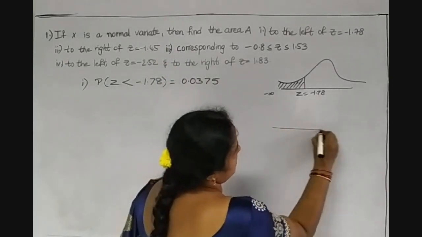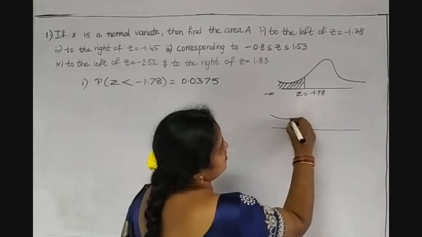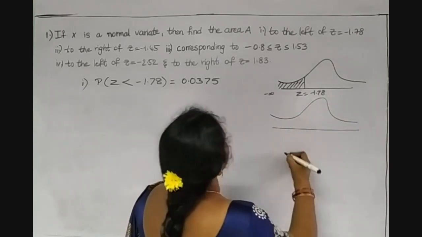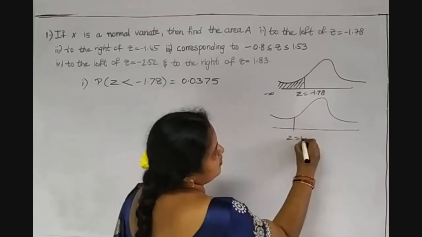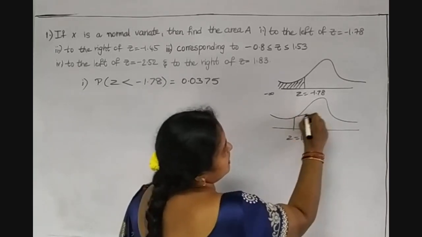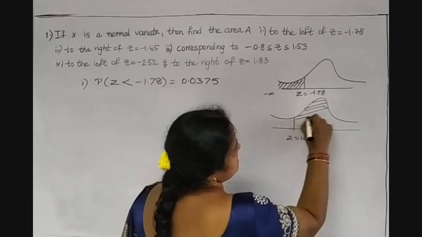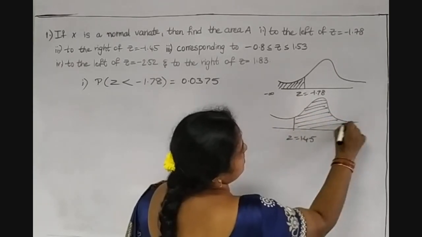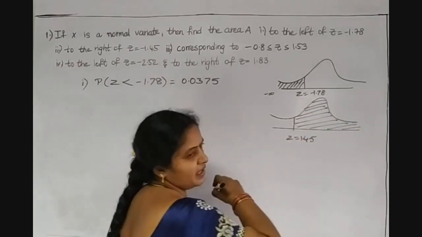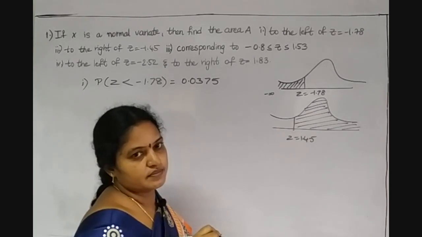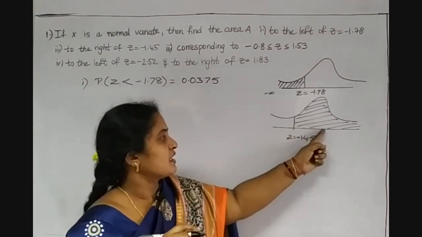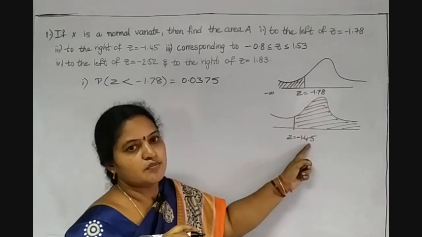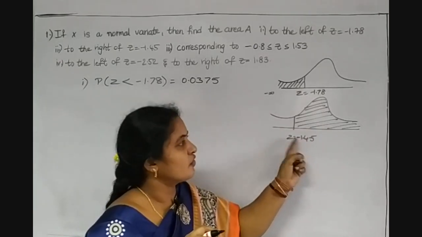Just we will draw another diagram. It is to be a bell-shaped curve. So Z equal to minus 1.45, to the right of it. So this is the total region which we have to find out. So here we have to take Z greater than minus 1.45.